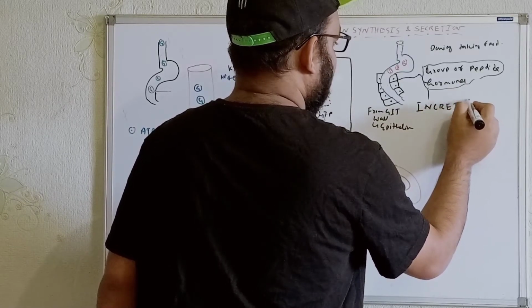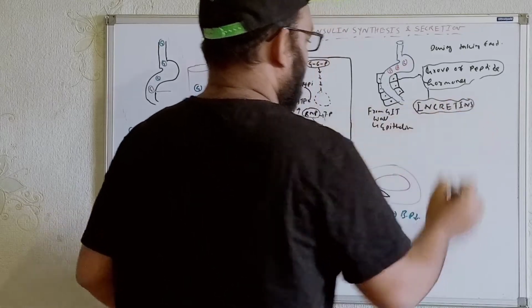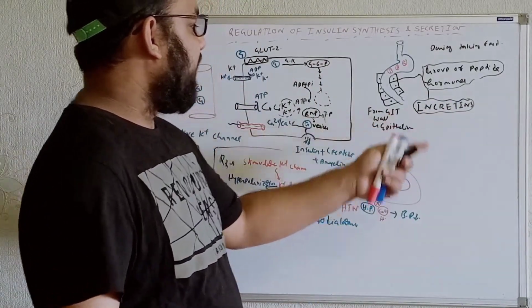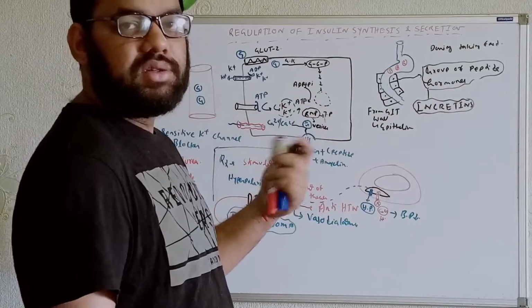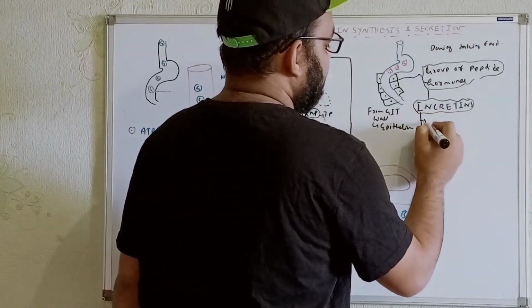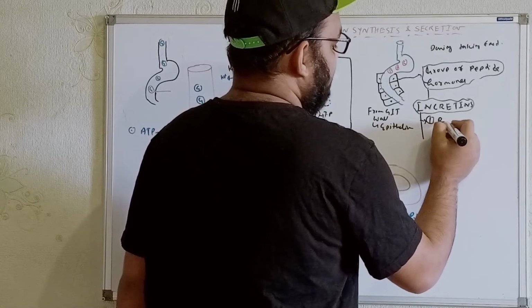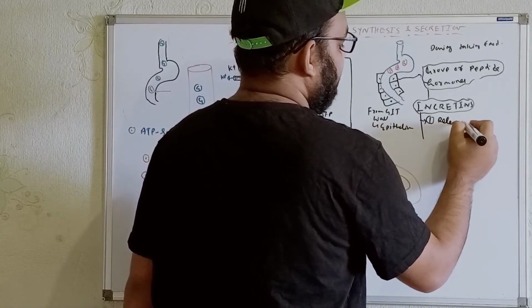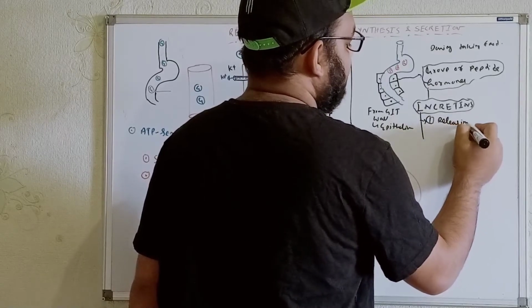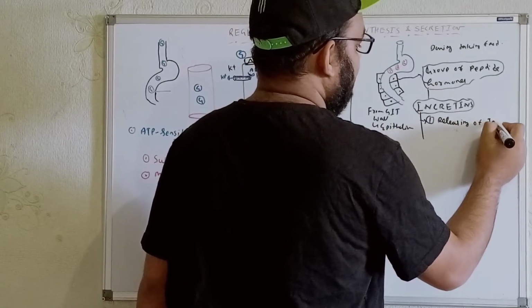What is the function of the incretins? They activate the beta cells to release an additional amount of insulin. So the first thing you can write is the releasing of insulin. Why will it do so?